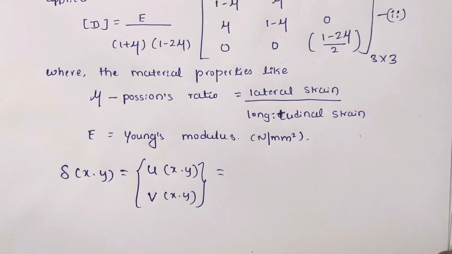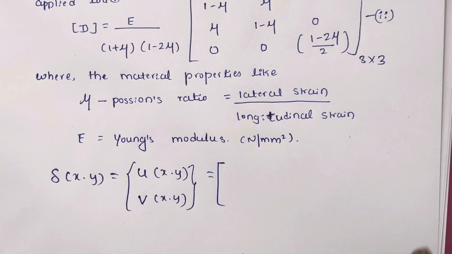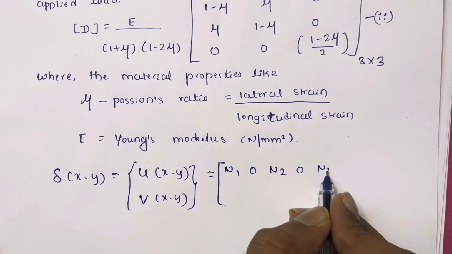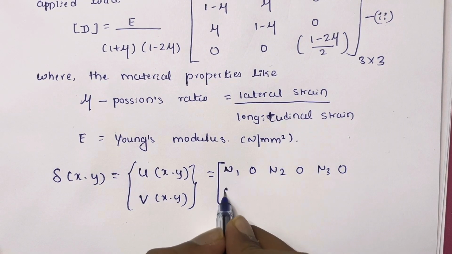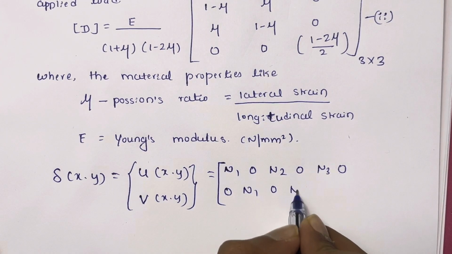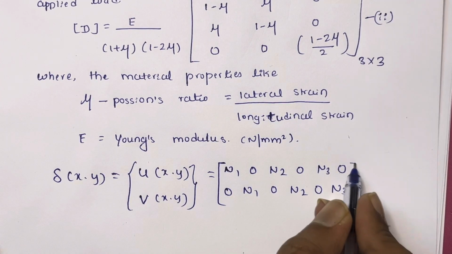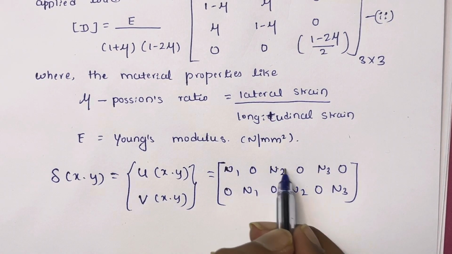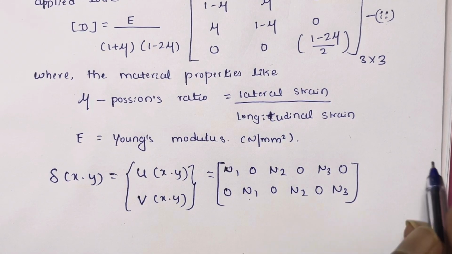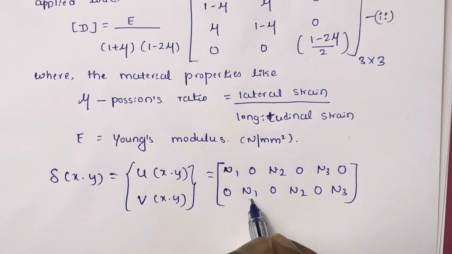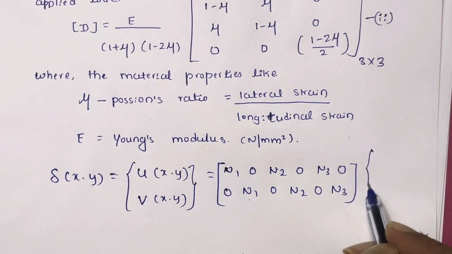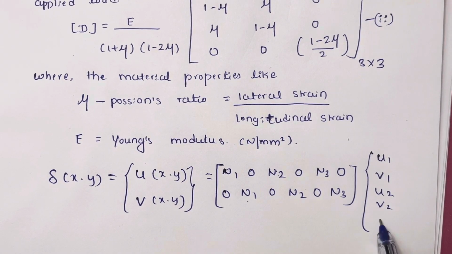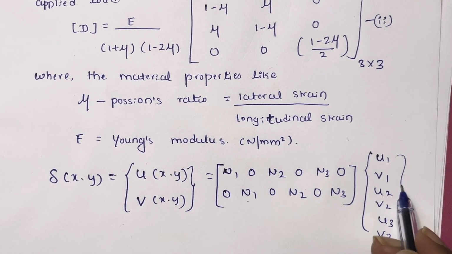I will write the same thing with shape functions: n1 0, n2 0, n3 0 in the first row and 0 n1, 0 n2, 0 n3 in the second row, because the displacement vector is u1 v1 u2 v2 u3 v3.